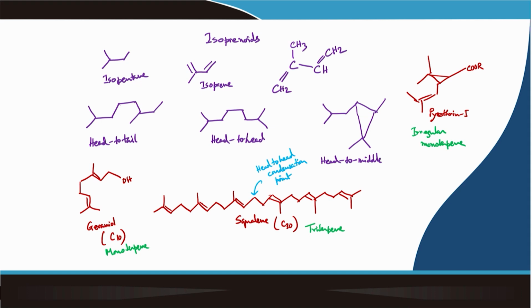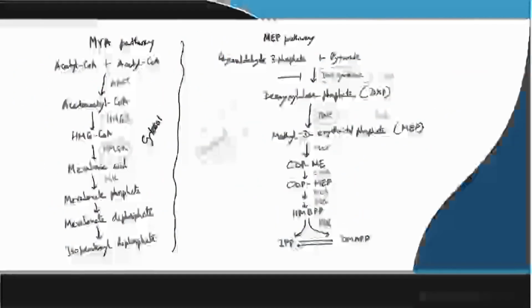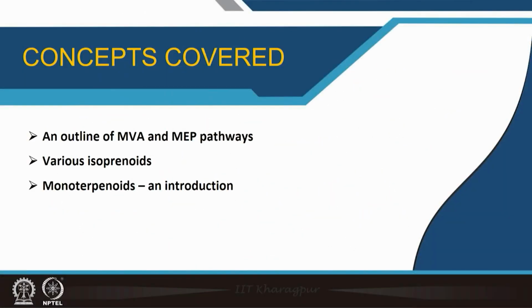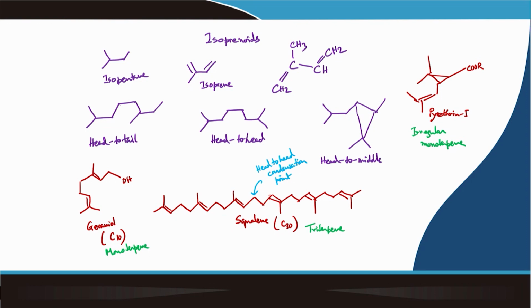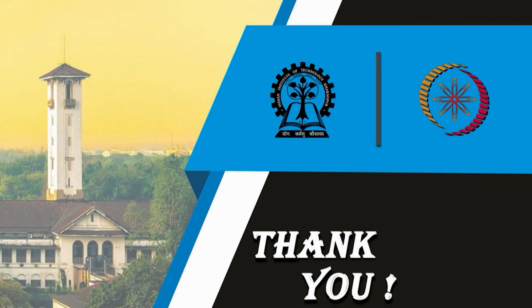Let me see what I intended to cover. I intended to cover the outline of the MVA and MEP pathways, which I have covered. Various isoprenoids I have given, and monoterpene introduction, very briefly, we have not yet started. So, we will talk about that in the next class. With this I end this class. Thank you very much.